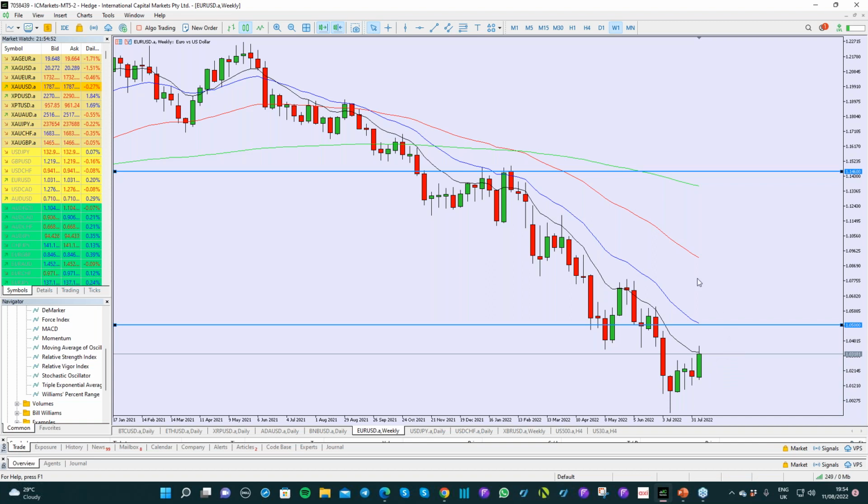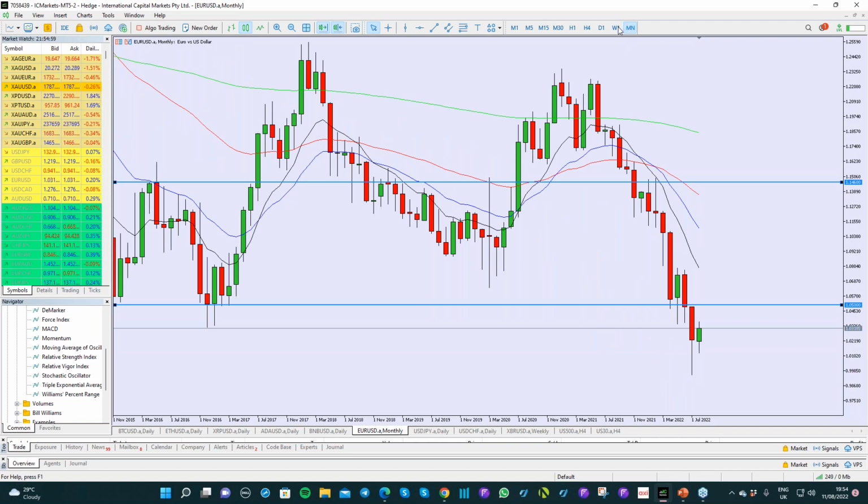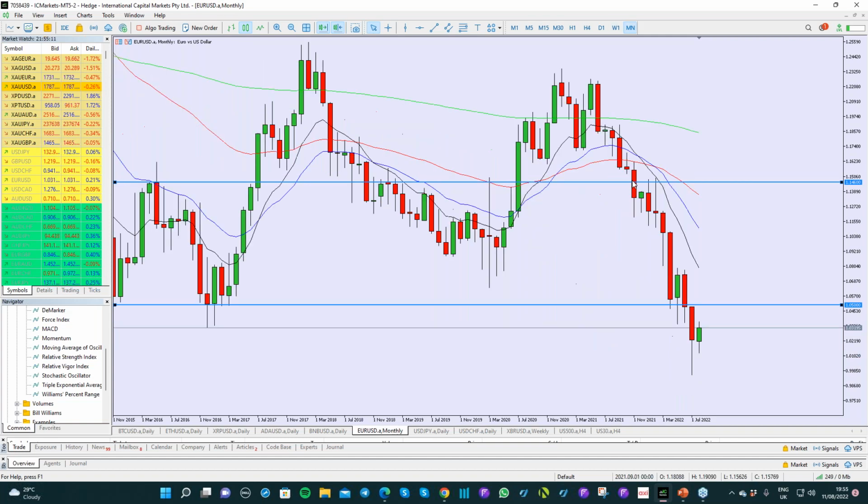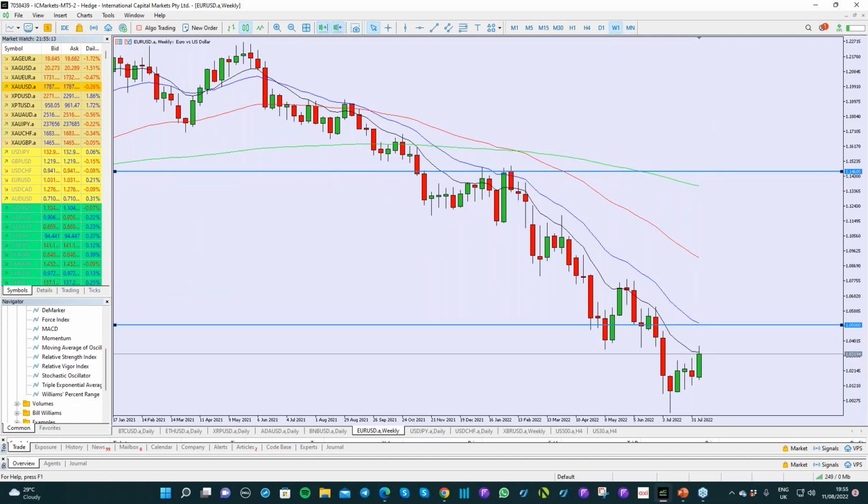I think the point is there isn't a strong enough direction here. There isn't a strong enough candle on the monthly time frame. There isn't a strong enough candle on the weekly time frame to give an indication of direction at the moment. All we can go by is the overall trend, the overall flow of the market. On the monthly time frame it is bearish. On the weekly time frame it is bearish.